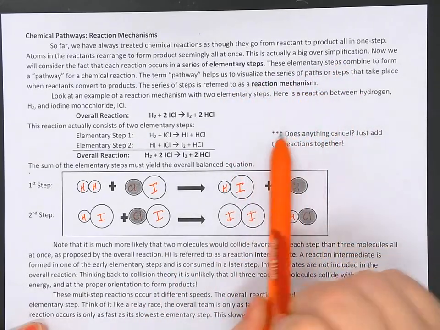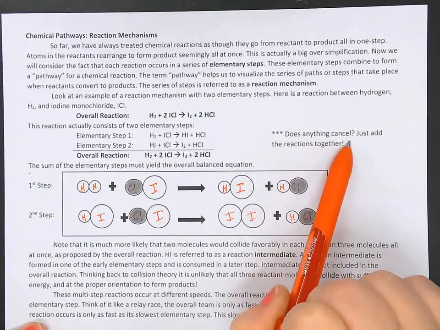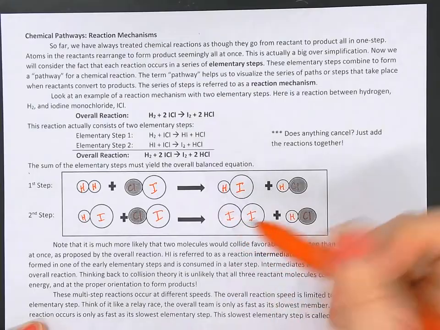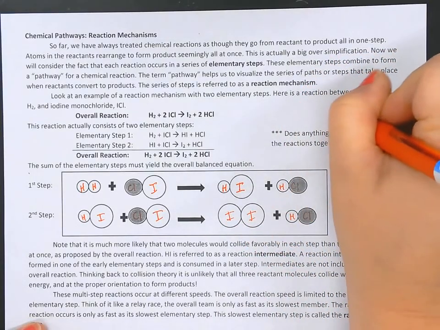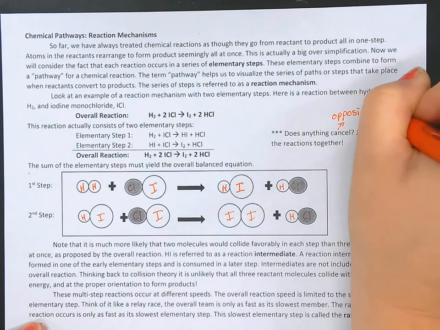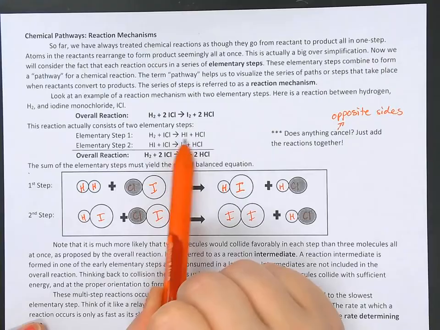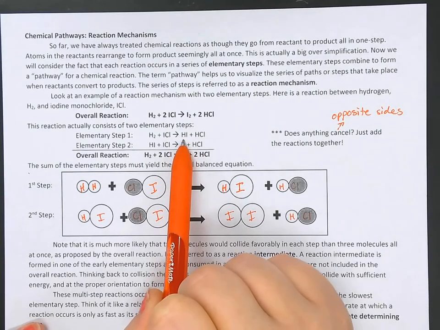So there's a question posed over here. Does anything cancel? When we look at this, if we want to cancel something, they need to be on opposite sides to cancel, okay? So we can see that HI is a product of the first reaction. We make it.